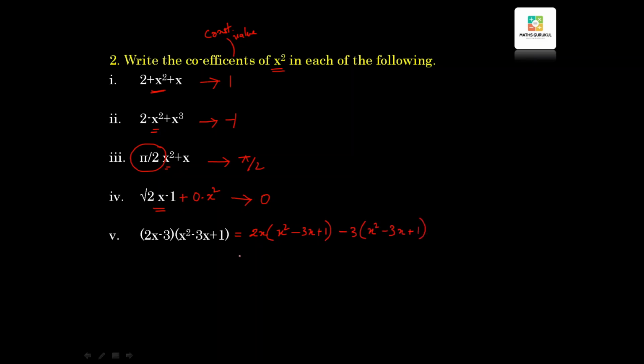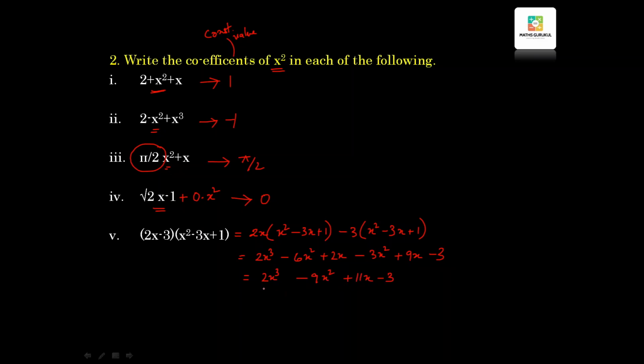Okay. So if we simplify this further, we get 2x cubed minus 6x square plus 2x minus 3x square plus 9x minus 3. If we solve this, we get 2x cubed minus 9x square plus 11x minus 3.